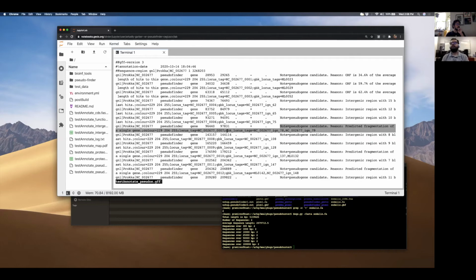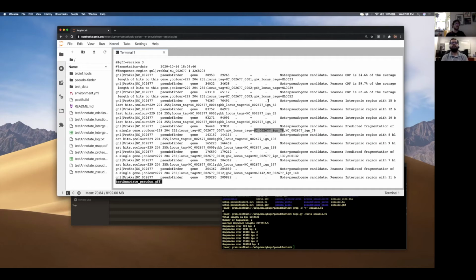And as the last field, you can see the GenBank locus tags that went into calling this a fragmented gene, and that there are two intergenic regions that recruited the same blast hits and are adjacent to each other. So this told Pseudo-Finder that it was likely an ancestral gene that got broken up and is not even recognized as an open reading frame.